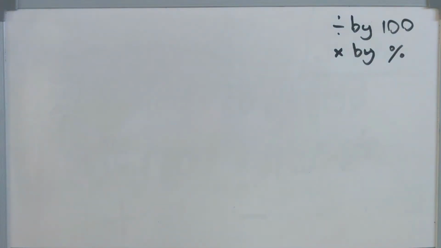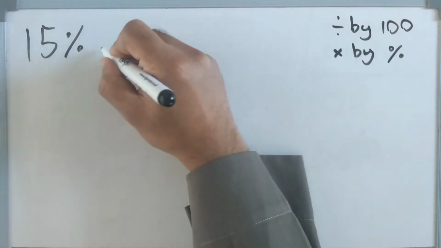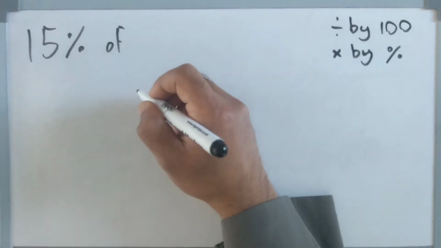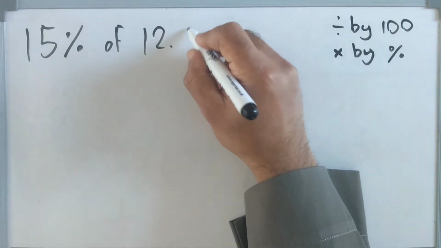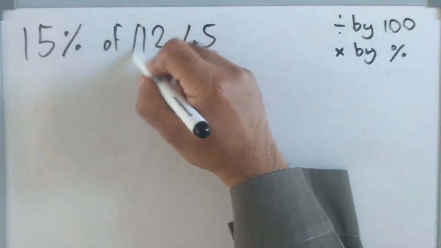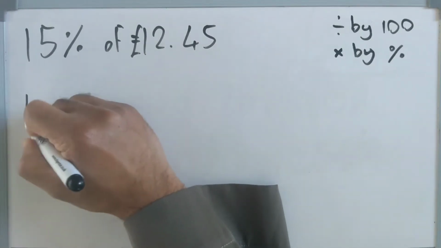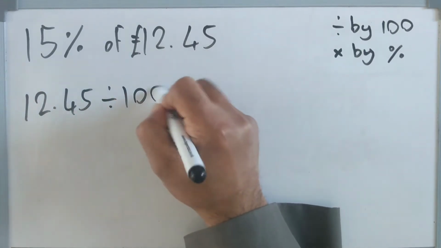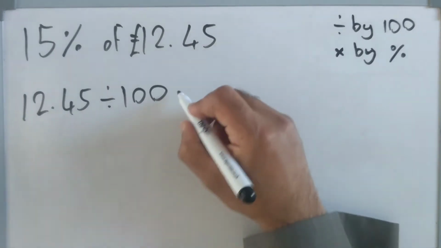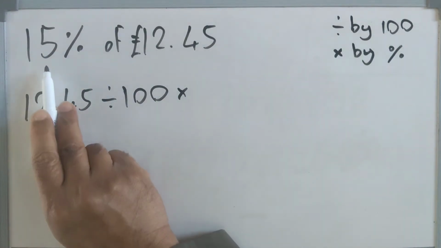Okay. Right. Let's have a look at another question. If we were to work out 15% of £12.45, you get the £12.45, divide by 100 and times by the 15.